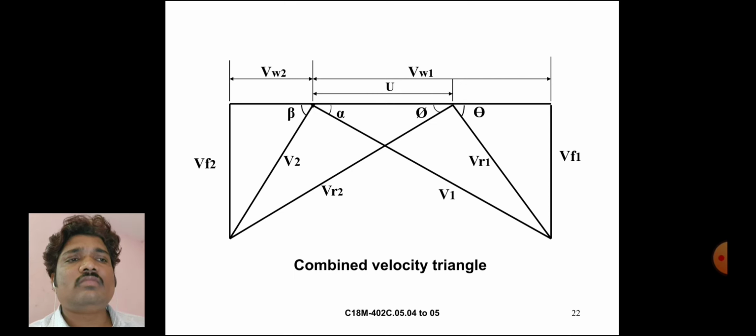VF1 is the steam inlet flow velocity. VF2 is the steam outlet flow velocity. V2 is the steam outlet velocity. VR2 is the steam outlet relative velocity. V1 is the steam inlet velocity. This is the combined velocity triangle diagram as shown in this figure.